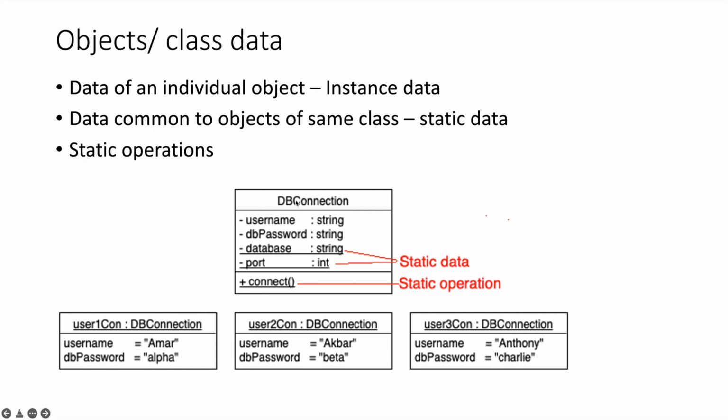Remember, I'll repeat it, static operations are always called on a class name and we do not need to instantiate an object of that class. Now this means we can call simply in our code DB connection as a class name dot connect. Obviously, you will conclude we have not instantiated any object of that class yet.